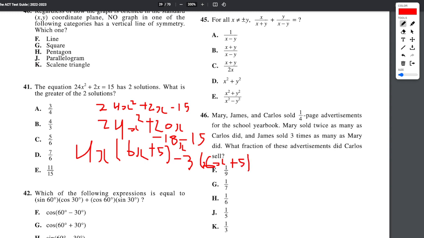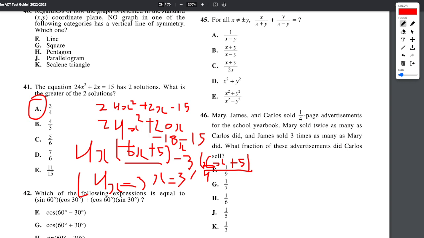Okay. Yeah, that works. And then we can say that these are our common factors. So it's 4x minus 3. The other one's going to be negative. So we could say 4x equals 3. x is 3/4. So it's A. Okay. That's one way of doing it.